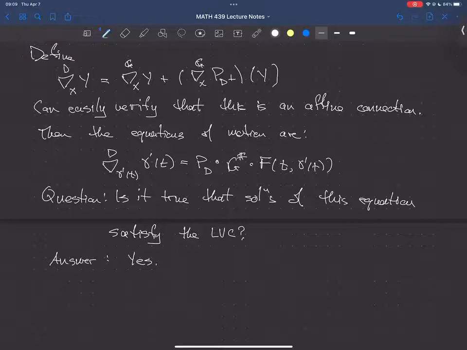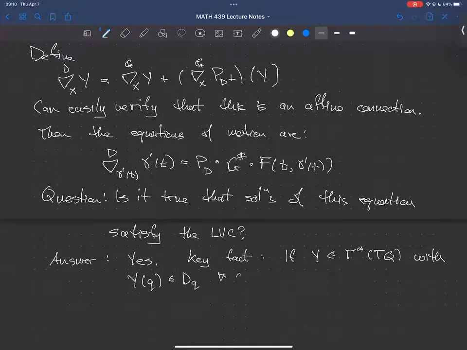Nonetheless it's true, and the key fact is this: if Y is a vector field taking values in D, then so is this covariant derivative.